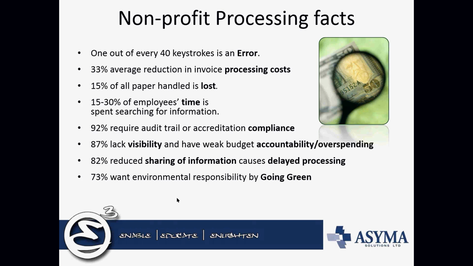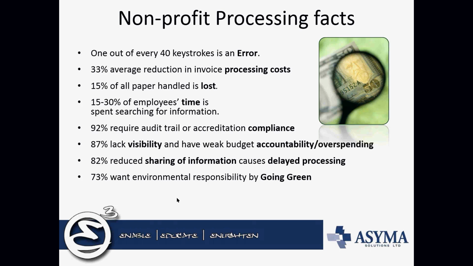And so this can be significant. In the next slide, we're going to be talking about invoice processing costs, and you can see that sometimes this can be enough just to pay for one of these systems all by itself. But further, we go into 15% of all paper that's handled is lost. When we talk about these manual processes later on, you're going to see that every time we're handling these steps, we're moving the paper along, how often does it get lost in your organization?